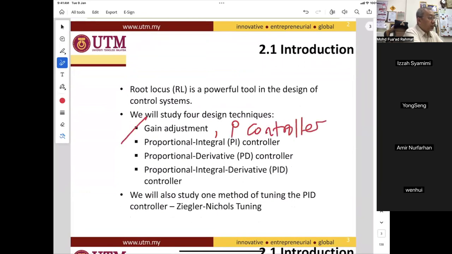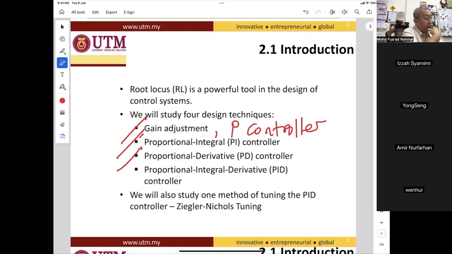Second one is the PI controller to improve steady state error or to reduce steady state error to 0. And then PD controller, proportional derivative, which is used to improve transient response from slower to faster.